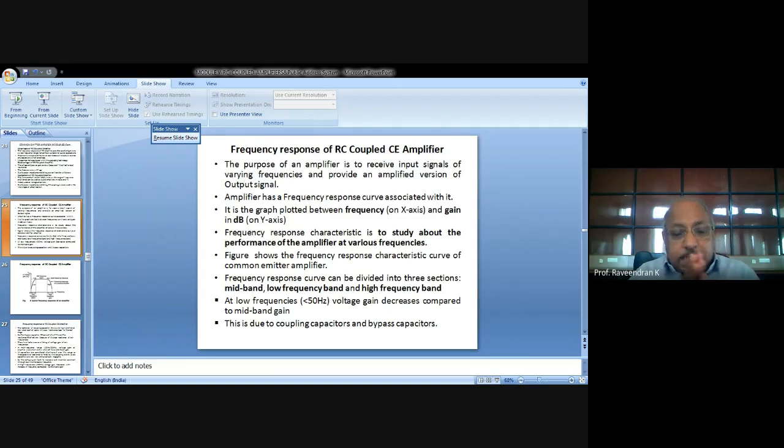So in the mid band region, the frequency response is such that the voltage gain of the amplifier is almost constant. Isn't it? And even if the frequency of the input signal is continuously varied from 20 Hz to 20 kHz, there won't be any considerable variation in beta, or the voltage gain AV of the amplifier is almost constant.